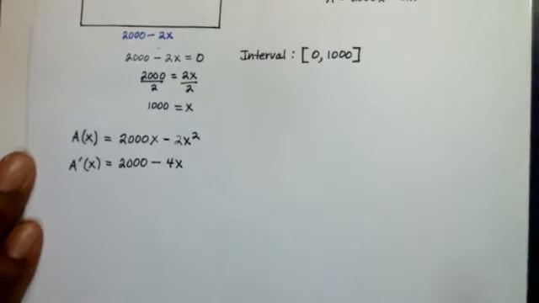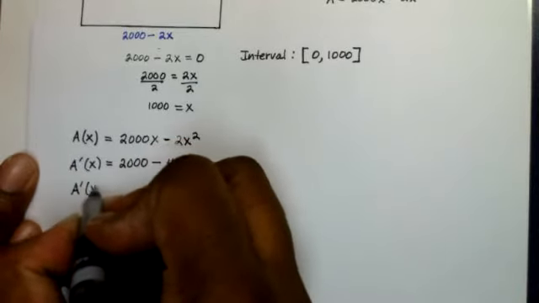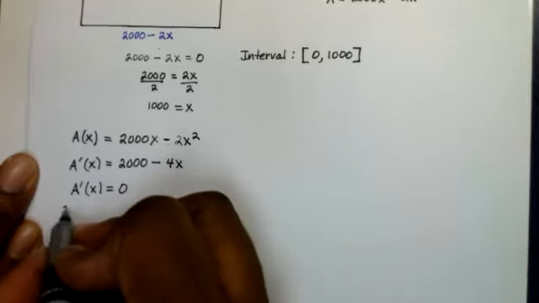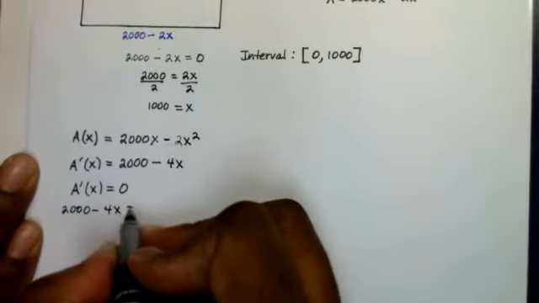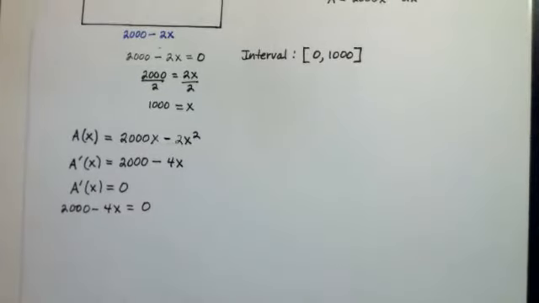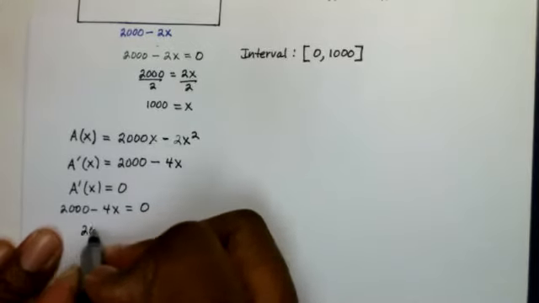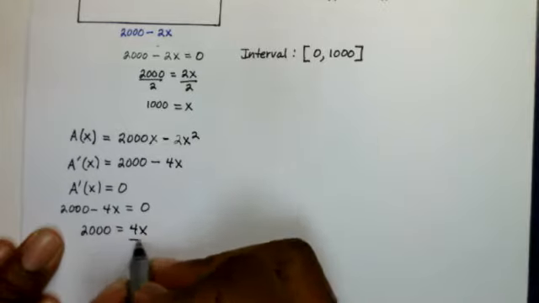And then from here, we set A prime of X equal to 0, which will be 2000 minus 4x equal to 0. And then we just solve for x. So if I move that 4x over to the other side, this will be 2000 equals 4x.